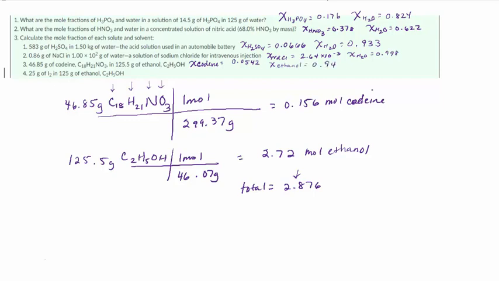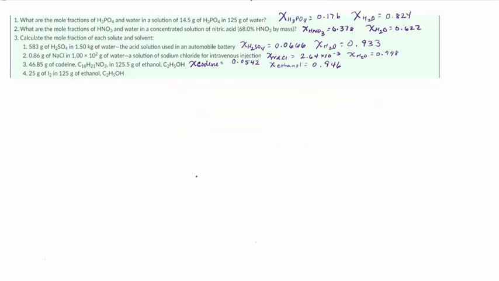Now that makes the mole fraction of ethanol 0.946. And for the last part of number 3, I have 25 grams of iodine, and I'm going to convert that into moles. Remember, iodine is a diatomic molecule, so I need to take the molar mass of one iodine atom and multiply it by 2. So I get 0.0985 moles of iodine.